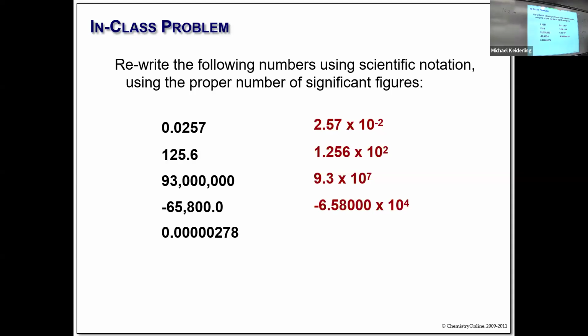So this will be written as negative 6.58, and all those zeros have to be kept because they're significant, times 10 to the 4. And then lastly, we have 0.000000278. We have to move the decimal point 6 places to the right. This has 3 significant figures, so it's 2.78 times 10 to the minus 6.